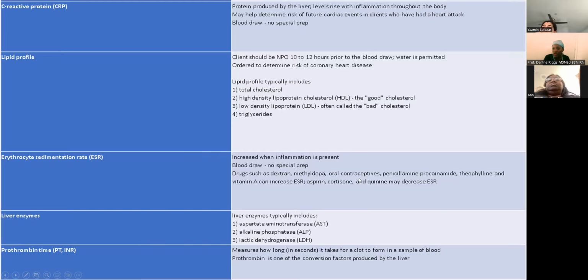That's why we must always do a medication reconciliation. Theophylline and vitamin A all cause an increase. What causes a decrease are drugs like aspirin, steroids, cortisone, and quinine.